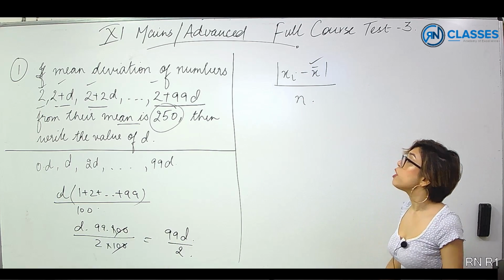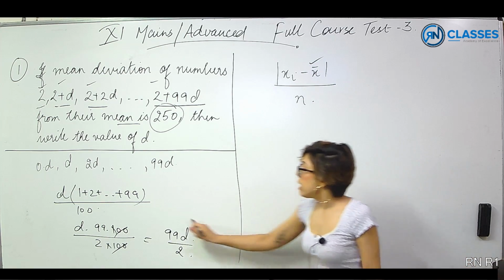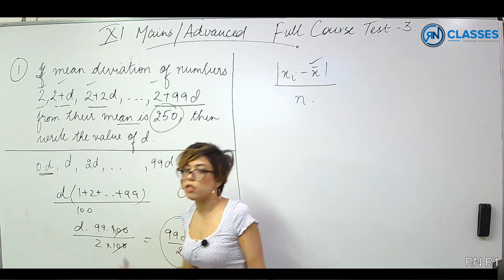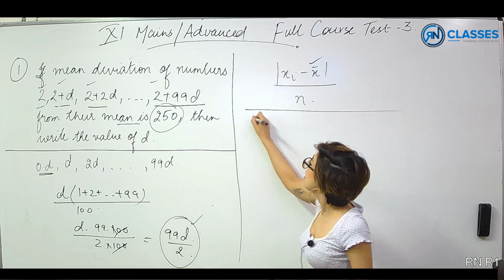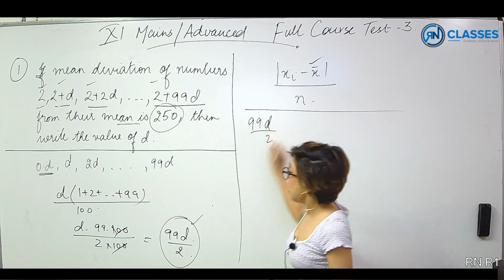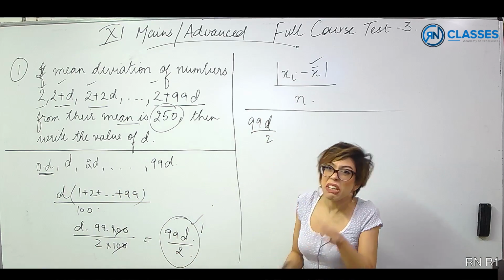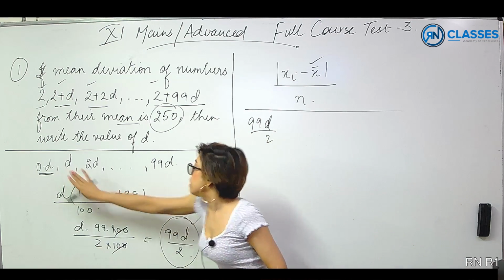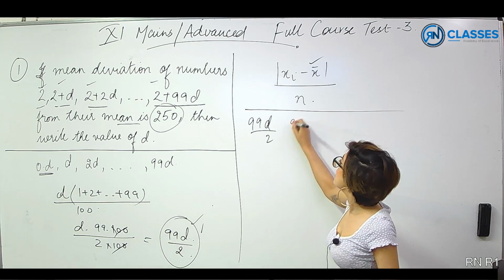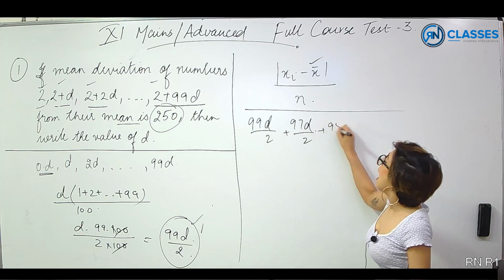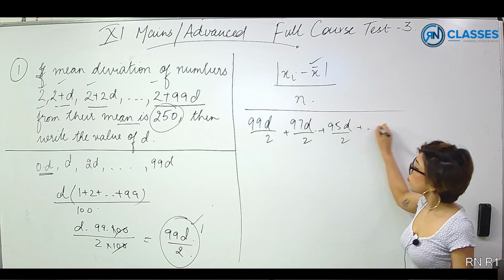Now I want the mean deviation from each observation. So let me start. 99d by 2, I will take it from the first. So this minus this, obviously the deviation is nothing but 99d by 2. And then this, in fact I should say this minus this, but absolute value so really doesn't matter, but still. This minus this, so I will get 97d by 2. The next will be 95d by 2 and so on and on.